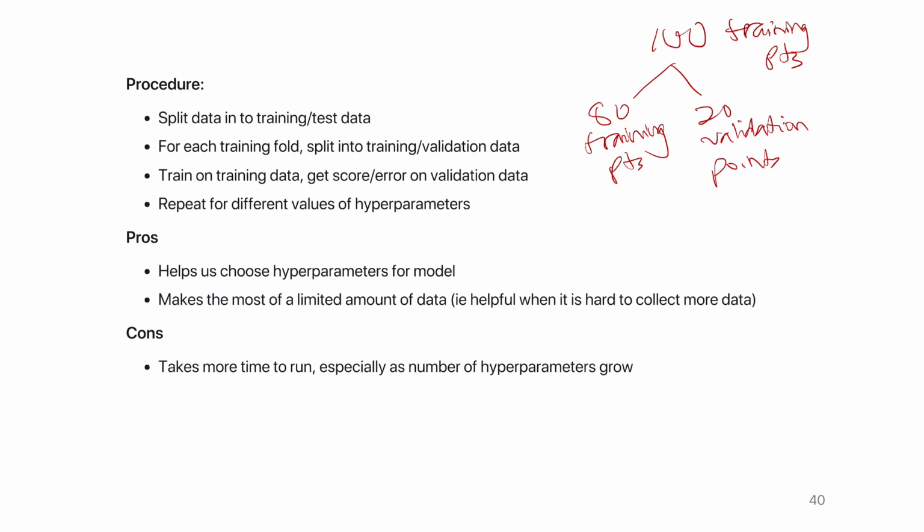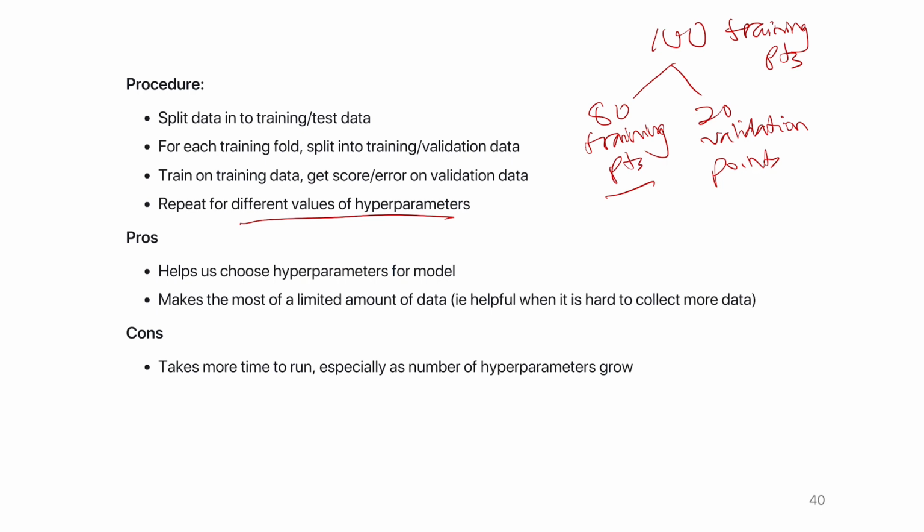Okay, and your whole goal is for each fold, you want to train on the training data, and then you get a score or an error on the validation data. So you can think of your validation data as like your pseudo-test data for that fold. Okay? So I train on my training data, and then I evaluate on my validation data. And then you repeat this procedure for different values of hyperparameters.